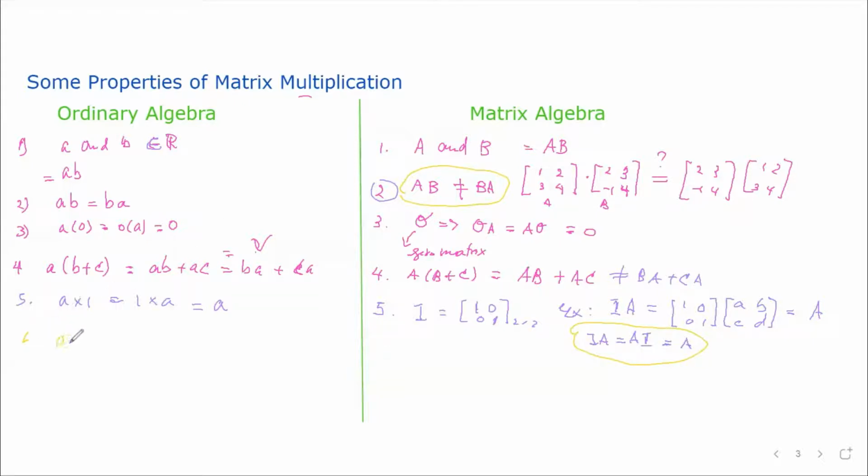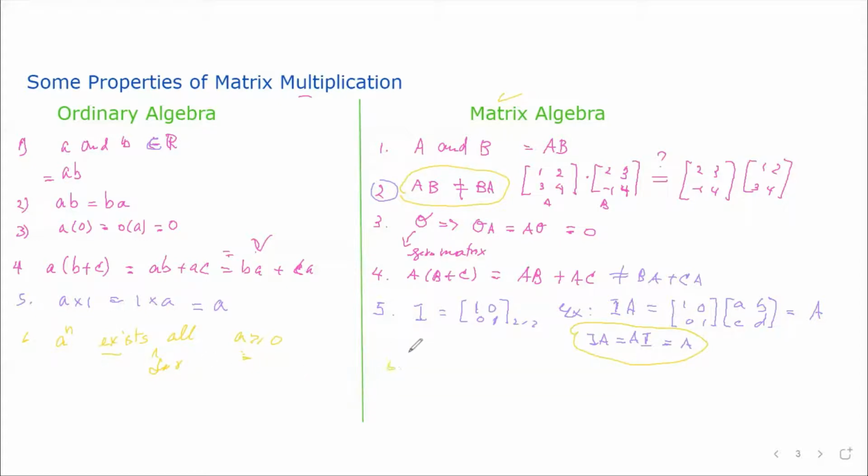Last one: say A power n exists for all n greater than or equal to 0. Okay, in this case, if you talk about the exponent, the power, n can be negative also, but right now we compare with the matrix only. So this case is going to exist when n is greater than or equal to 0.